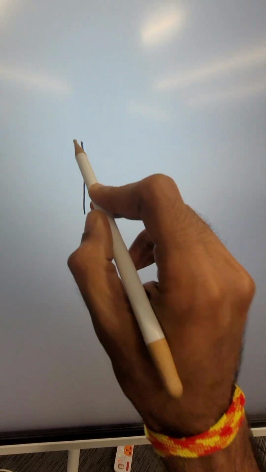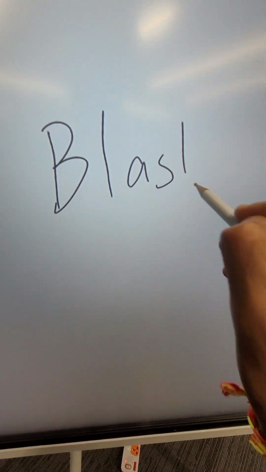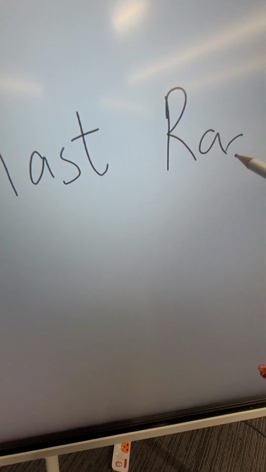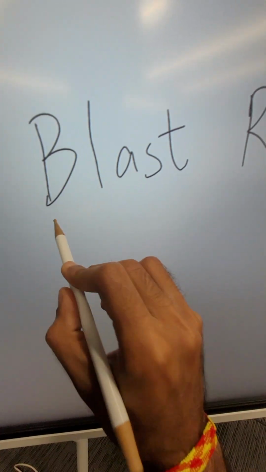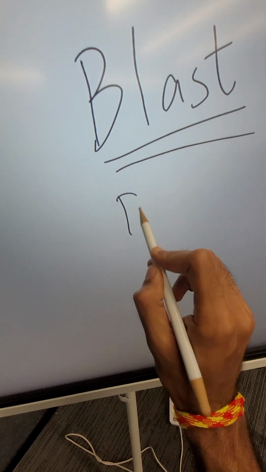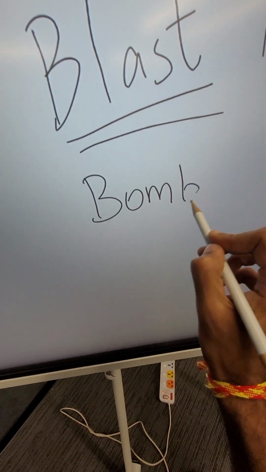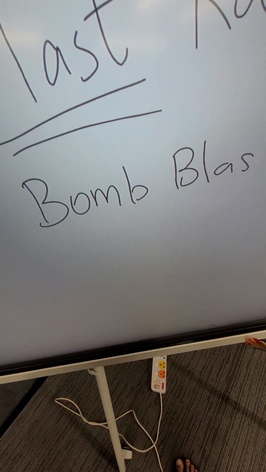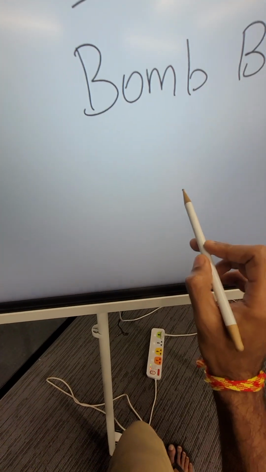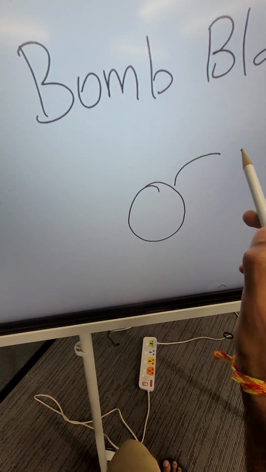The concept of blast radius comes from the idea of a blast. Let's write down "blast radius". The idea comes from the concept of bomb blasts. So let's drop a bomb now.